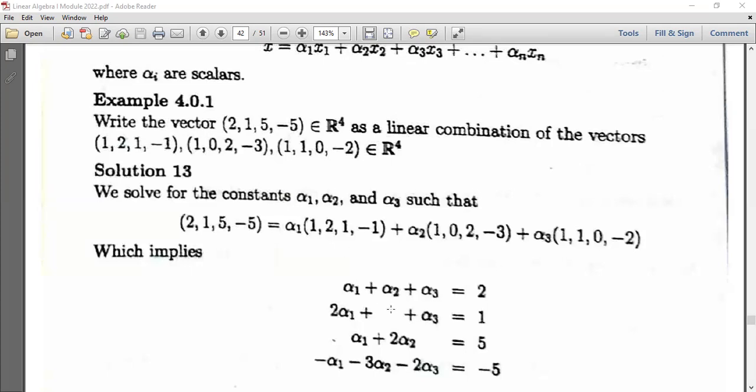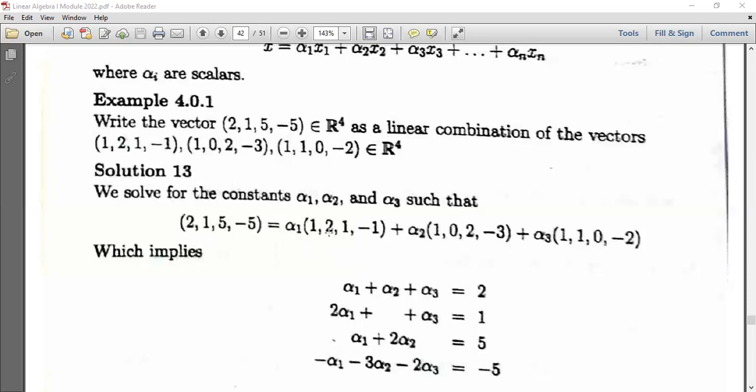We just solve. We equate coefficients actually. This is alpha 1 plus alpha 2 plus alpha 3 equal to the first entry. So we get this first equation.